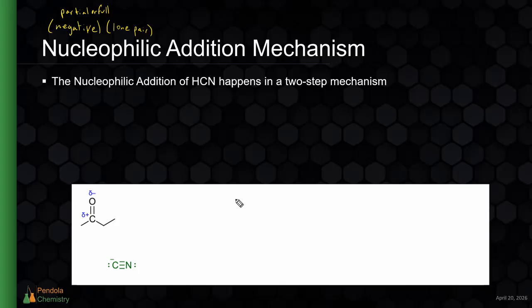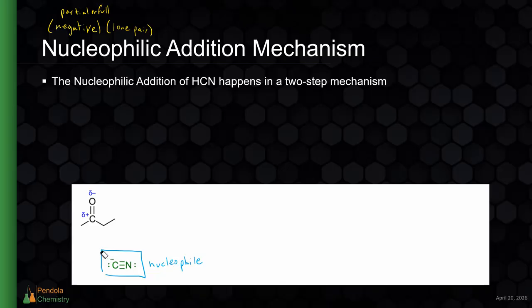In the nucleophilic addition mechanism for the reaction with hydrogen cyanide, the cyanide ion is going to be our nucleophile. We have both the lone pair of electrons on the carbon and the negative charge on the carbon that makes cyanide a very good nucleophile.